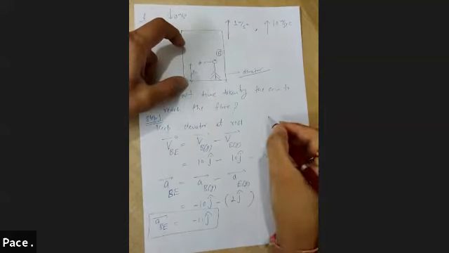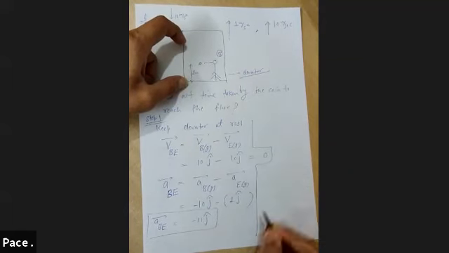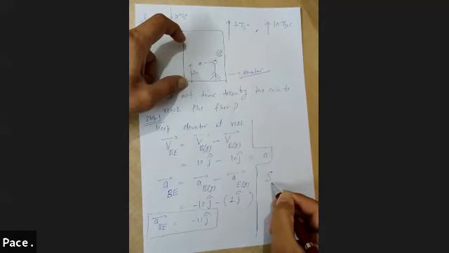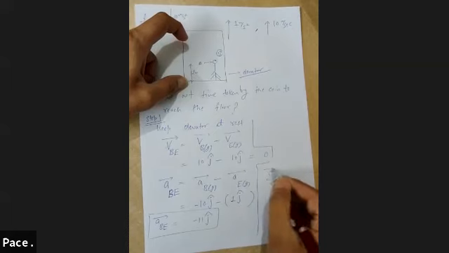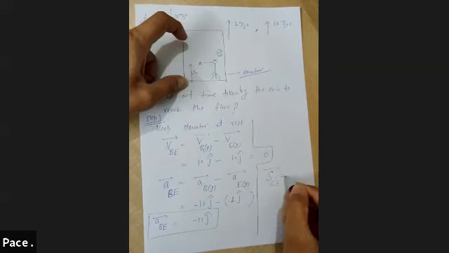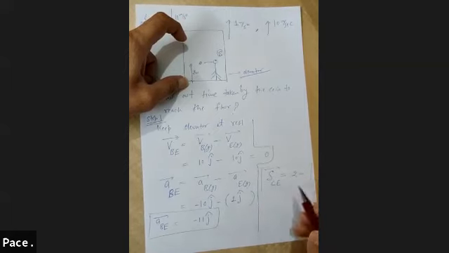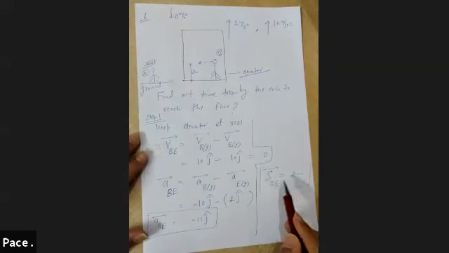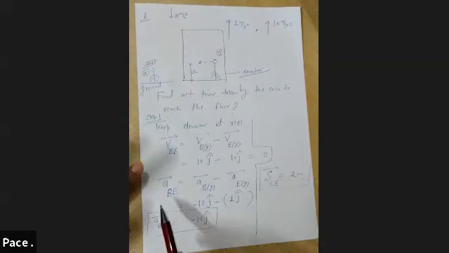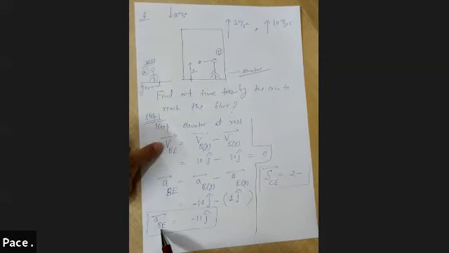So can I say one thing, that displacement of coin with respect to elevator would be 2 meter, because it was known to me, this displacement was known to me. That is the reason I'm finding out this acceleration and velocity both of coin with respect to elevator.